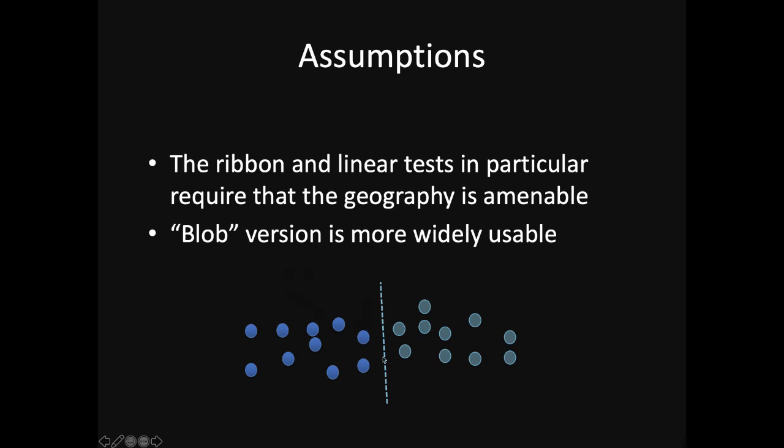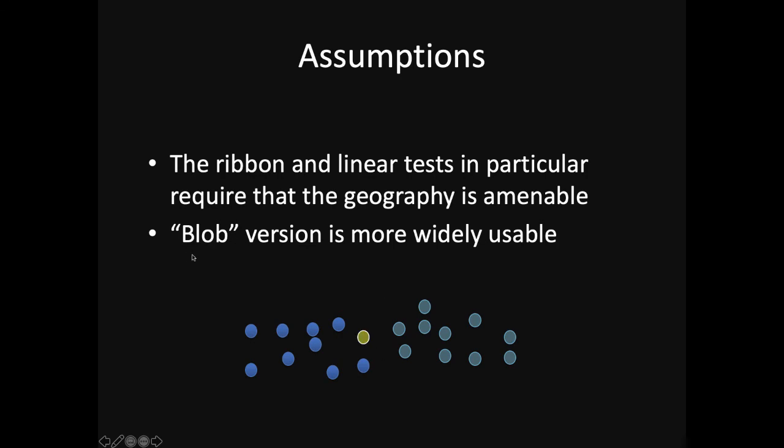So you kind of need big blobby ranges with a linear boundary between them. Otherwise, there's just not enough ways to randomize the barrier that actually keeps the sample size constant. So if the geography isn't agreeable to this, you can end up with a bunch of, we'll throw this in air quotes, pseudo-replicates that are actually essentially the same barrier over and over and over again, and that's not a very good test.